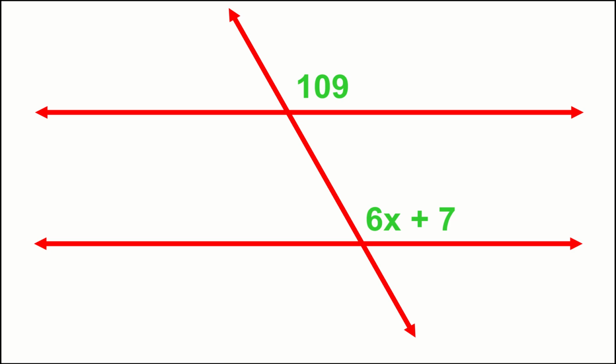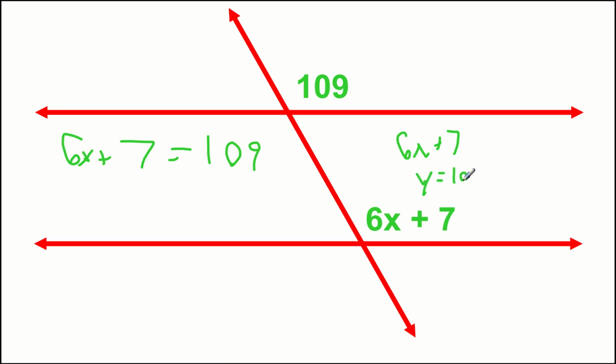David, what you got? X equals 17 is correct. So since they're the same, we got 6x plus 7 equals 109. Everybody good with that part? On Desmos, you'd have 6x plus 7 on one line, y equals 109 on the other.